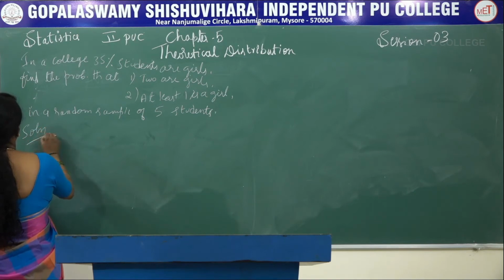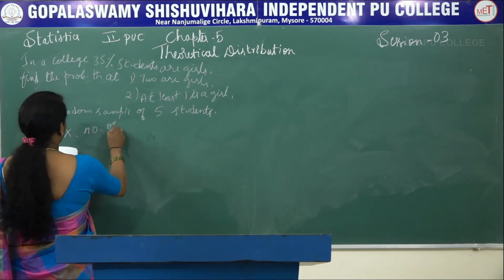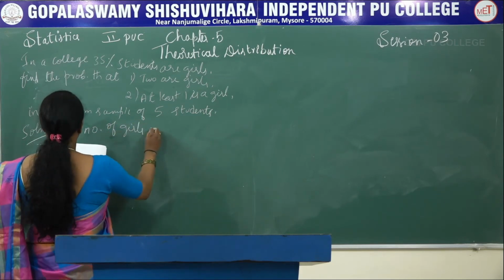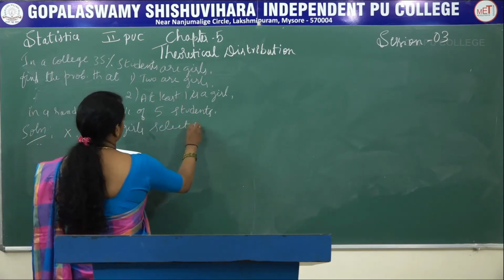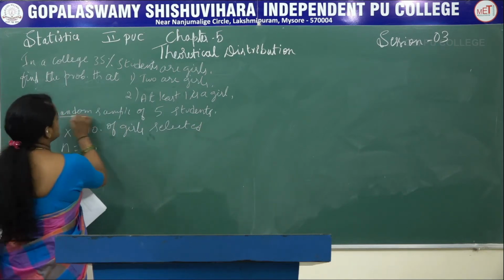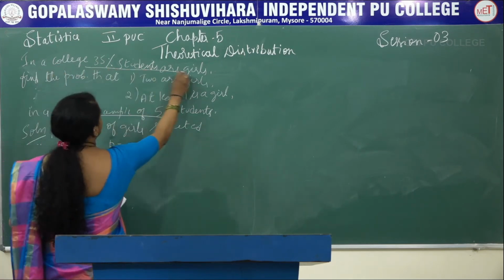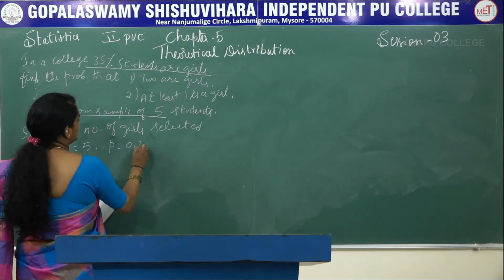Solution. X is number of girls selected, and n is equal to 5, random sample 5, and p is equal to 35% or 0.35.